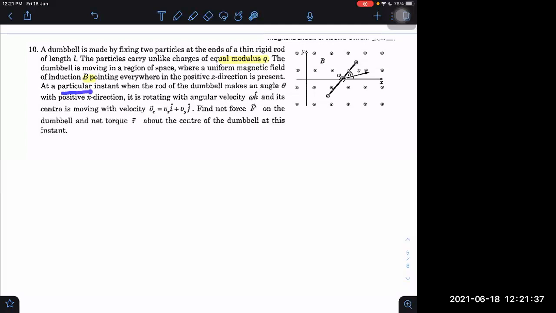At a particular instant, when the rod of the dumbbell makes an angle theta with the positive x direction, it is rotating with angular velocity omega k, and its center C is moving with velocity v_C = vx i cap plus vy j cap. Find the net force on the dumbbell and the torque about the center of the dumbbell at this instant.